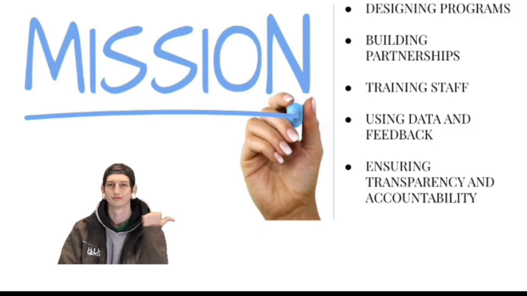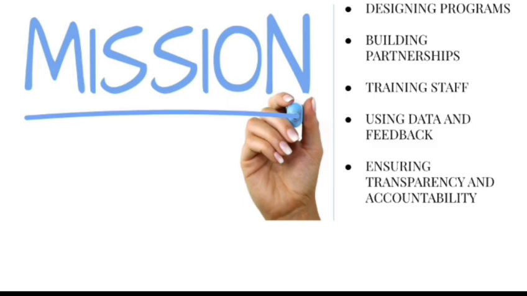Now, let us look into how a social service organization improves its mission. A social service organization improves its mission by designing programs aligned with community needs, building partnership with government and private sector, training staff and volunteers, using data and feedback to improve service, ensuring transparency and accountability.